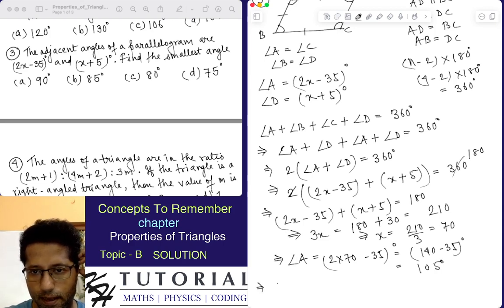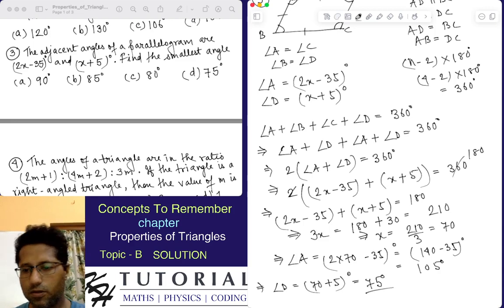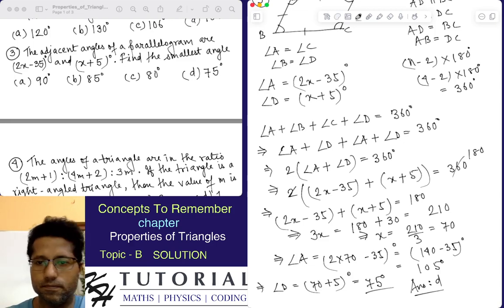Also we get angle D as 70 plus 5 degrees, which is equal to 75 degrees. It has asked to find the smallest angle, so the smallest angle is 75 degrees. So the choice is D.